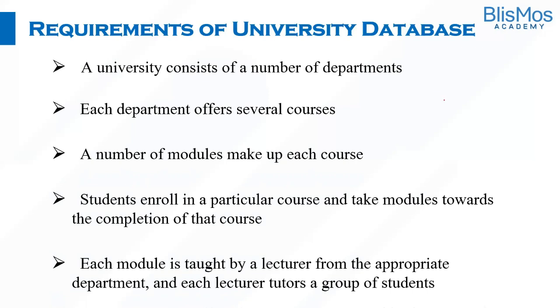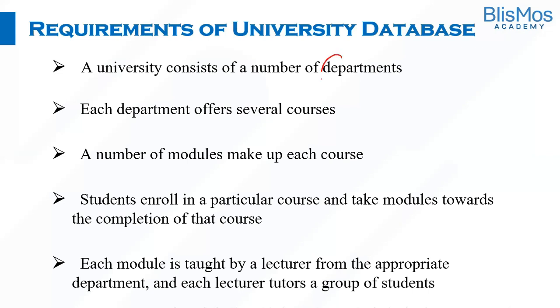As we already discussed, if I want to come out with the diagram, we have to analyze the requirement and identify which are the components, like which are the entities, which are the attributes, and which are the relations. As we discussed in the previous slide, first and foremost we need to look at the nouns.